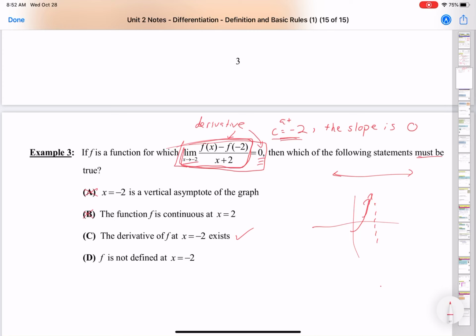Well, if it has a slope, it must be defined. If there just wasn't a point there, there couldn't be a slope there. So f is not defined at x equals negative 2. I don't think that's true here because it has a slope. So the answer here should be C. The derivative of f at x equals negative 2 exists. We know it exists because it told us that it was 0.